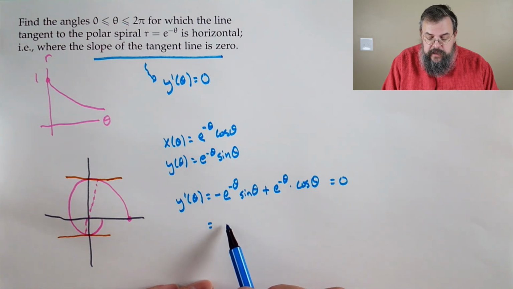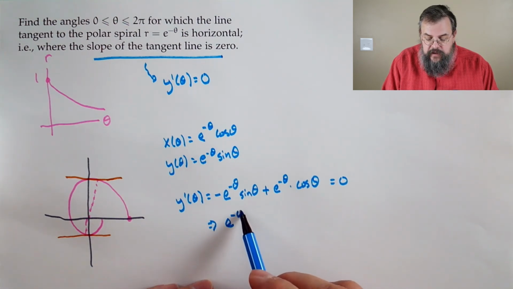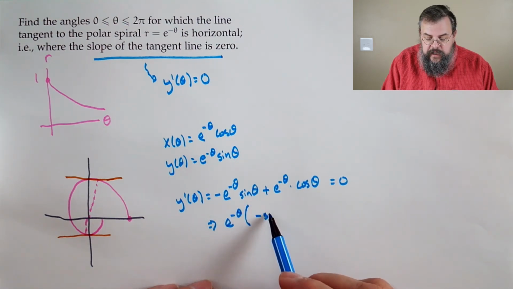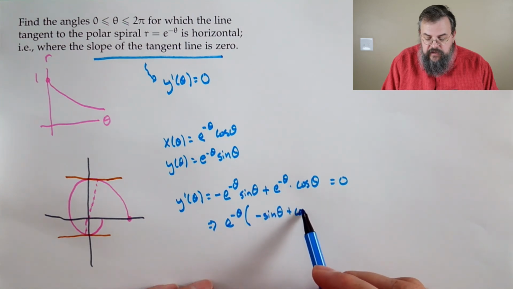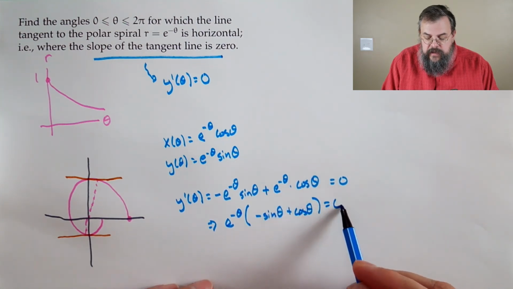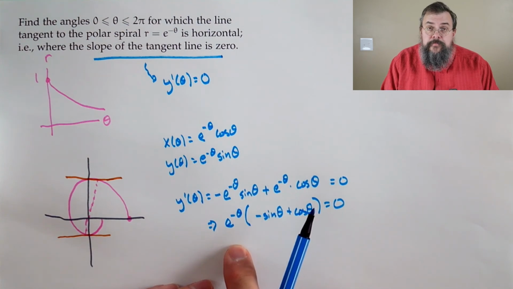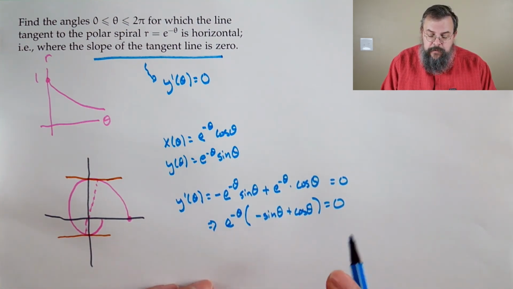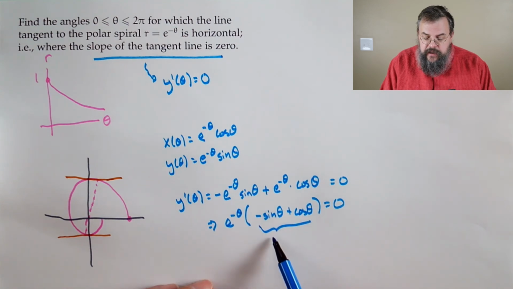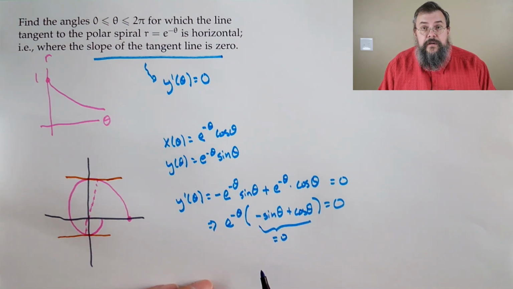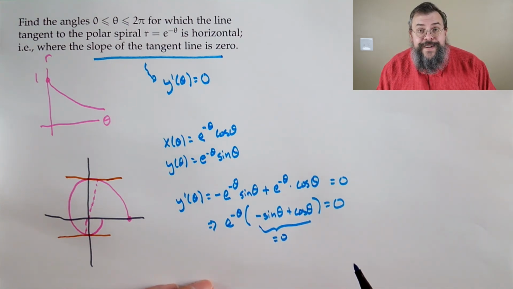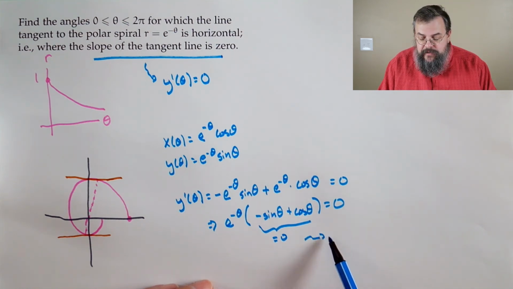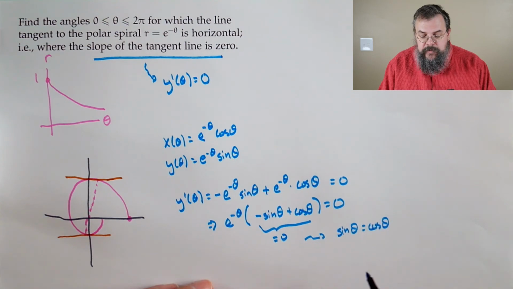Well, you can pull out the e to the minus thetas, and then you have minus sine plus cosine. Now, e to the minus theta is never 0. So if the whole thing equals 0, that says this part is the part that has to equal 0. So, oh, perfect. Well, that gives us sine of theta has to equal cosine of theta.